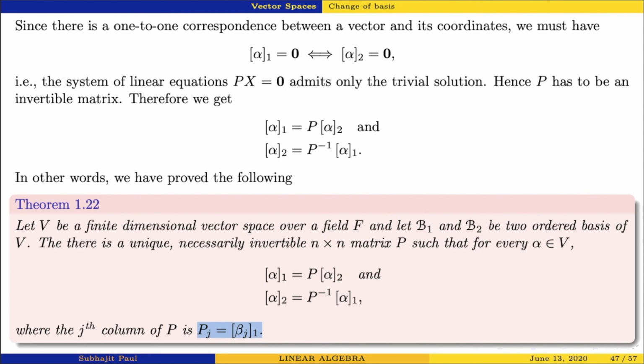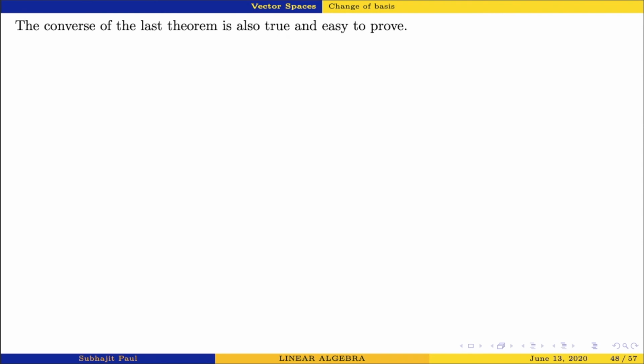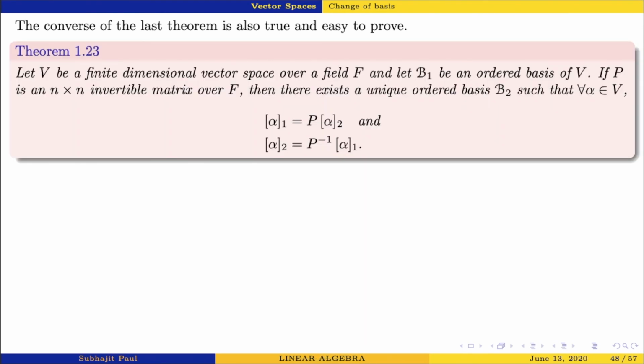The converse of the last theorem is also true and easy to prove. It is: let V be a finite dimensional vector space over a field F, and B1 be an ordered basis of V. If P is an n by n invertible matrix over F, then there exists a unique ordered basis B2 such that for every vector alpha in V, the coefficient matrix of alpha with respect to the first basis is equal to P times the coefficient matrix of alpha with respect to the second basis, and the other way around.